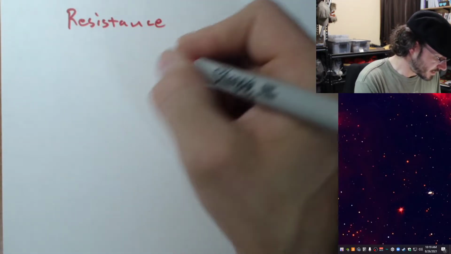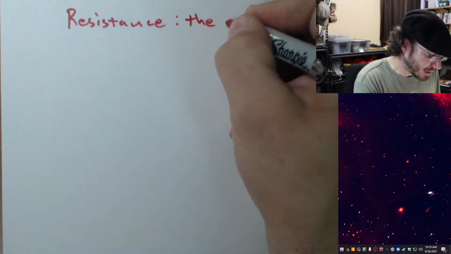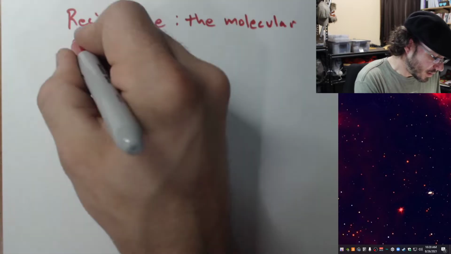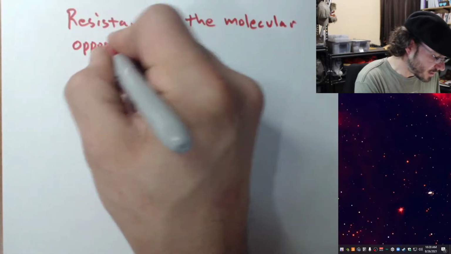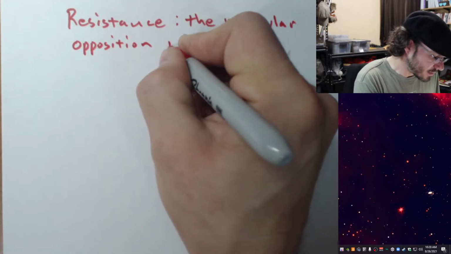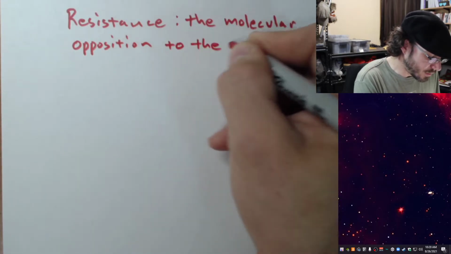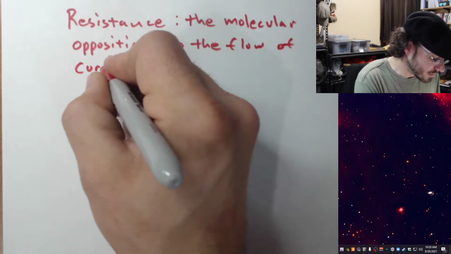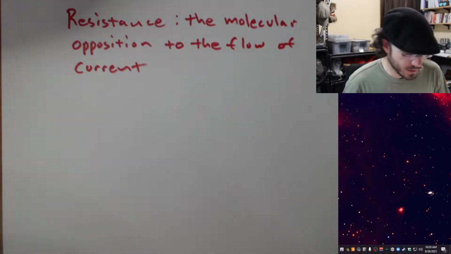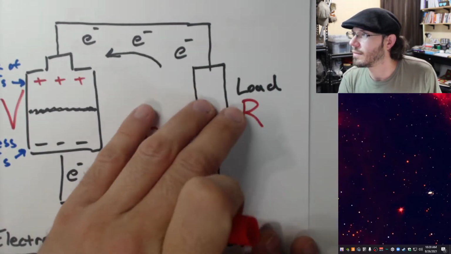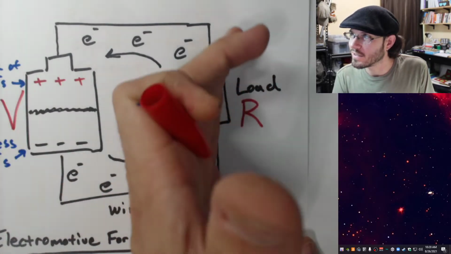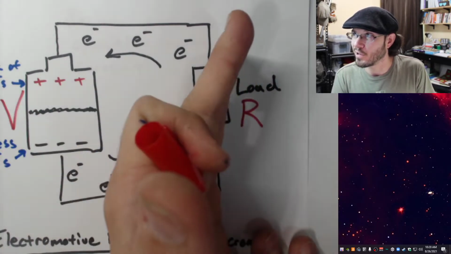Resistance is the molecular opposition to the flow of current. Duh. Right? That's what I've been talking about thus far. This guy is impeding the flow of current that these electrons are doing through it, right?